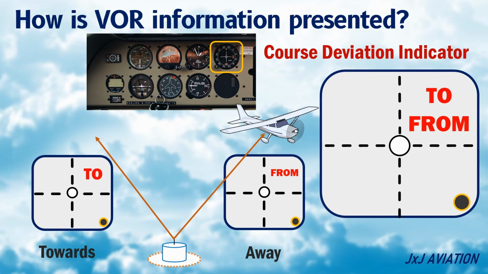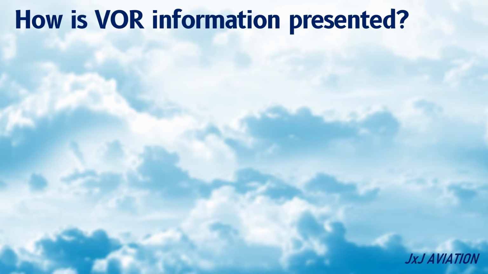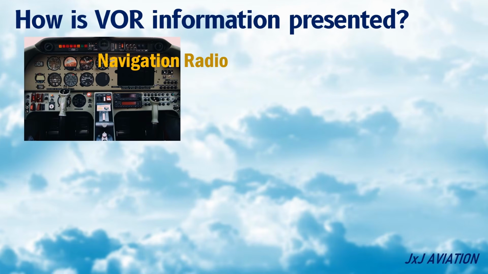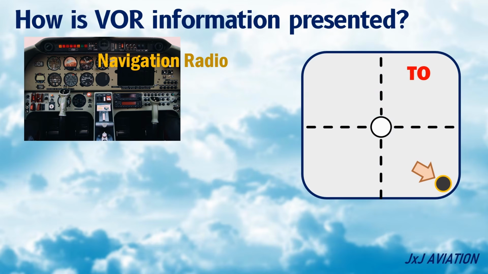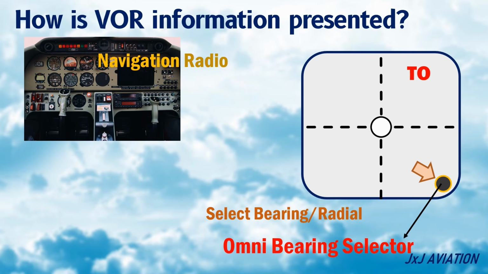Let's look at some other indications and the function of this knob on this instrument. Once a particular VOR frequency is tuned on the navigation radio, the knob is used to select a particular bearing or radial. This knob is called the Omni bearing selector.